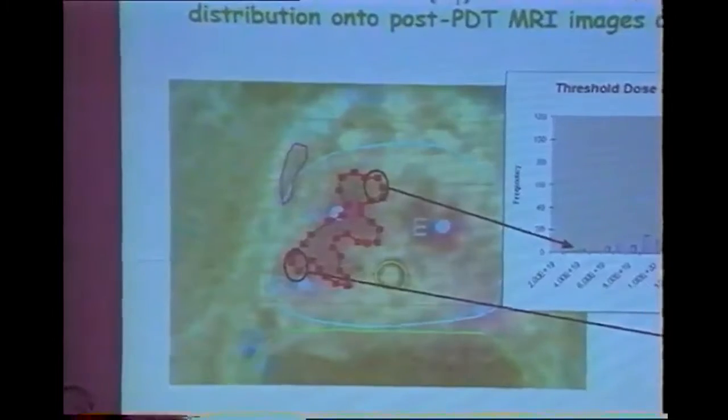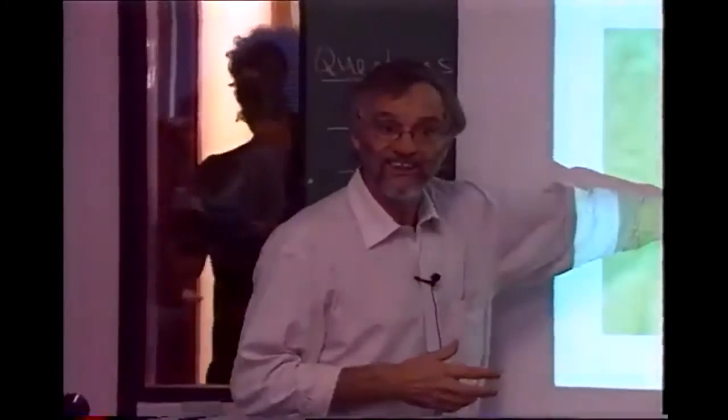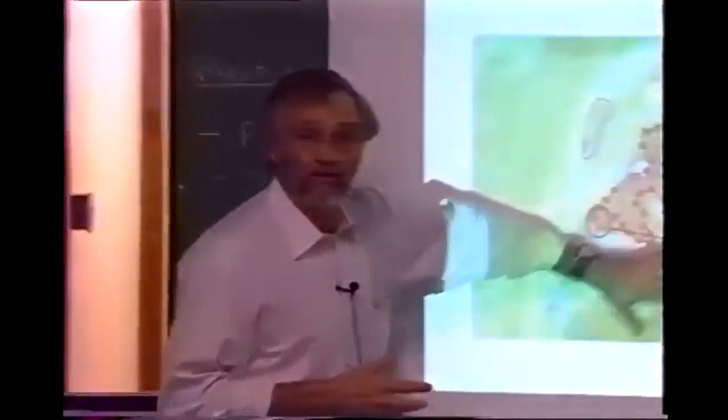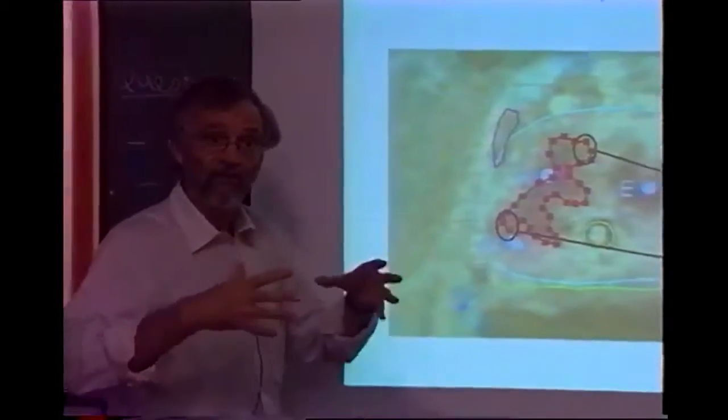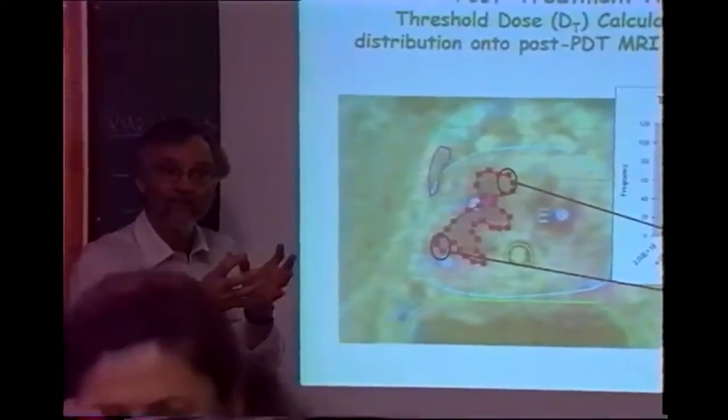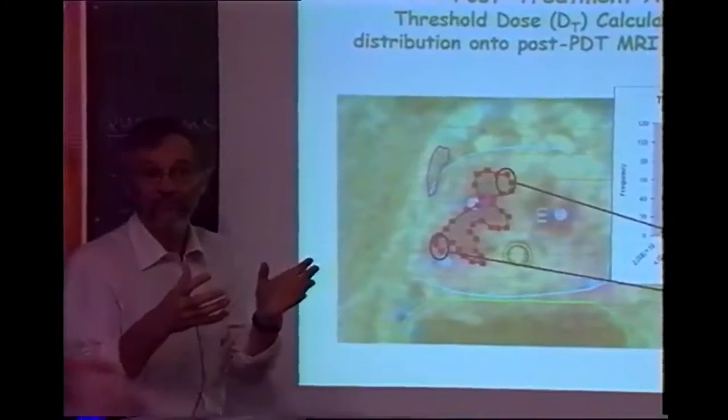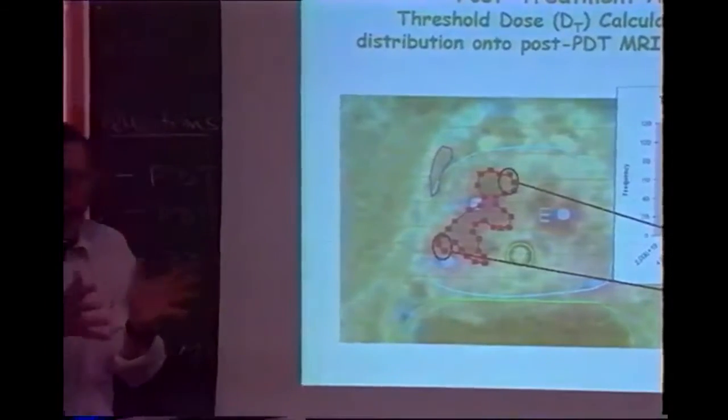Previous radiation completely changes, for example, the vasculature, and this is a vascularly targeted drug. So what we're probably looking at here is a reflection of the altered microvascular distribution caused by the previous radiation. The details of that don't matter.